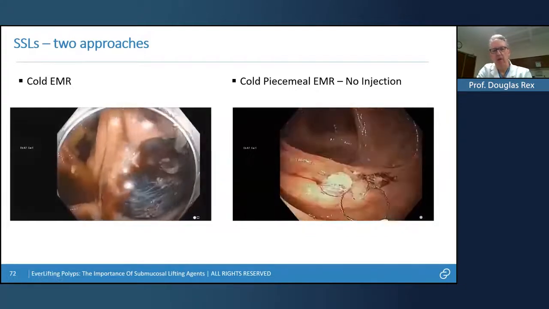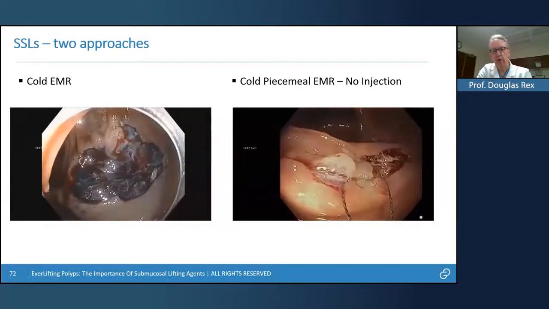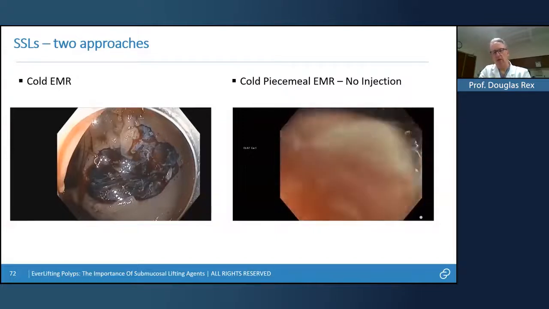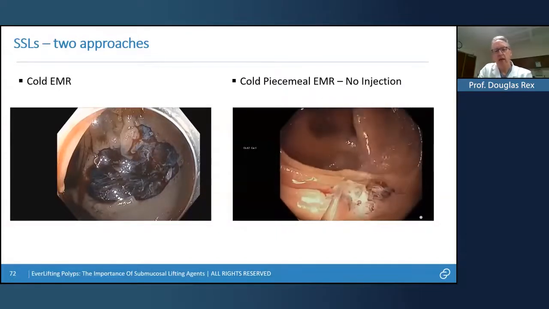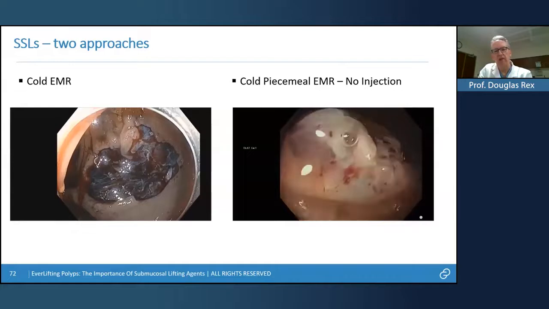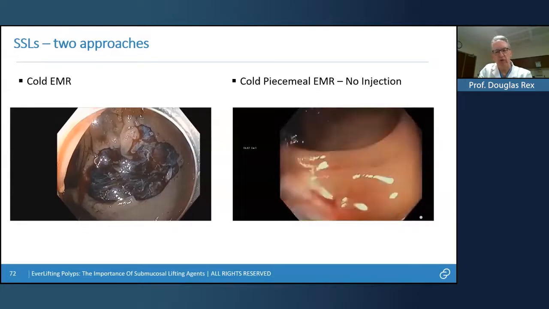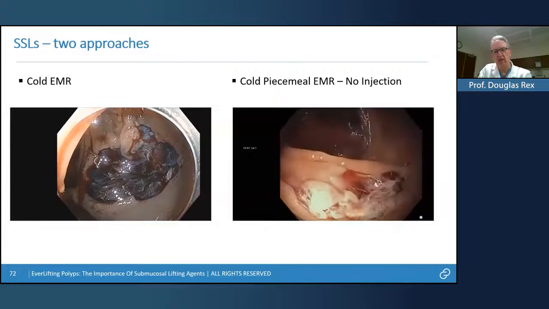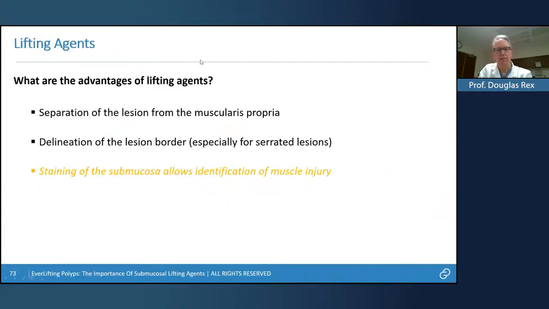So again, I think both of these techniques are probably good. The technique on the right is faster. I imagine we'll see a randomized controlled trial, but I would say that cold injection is now reasonably well established from observational studies for the whole spectrum, including lesions of any size in the serrated class.